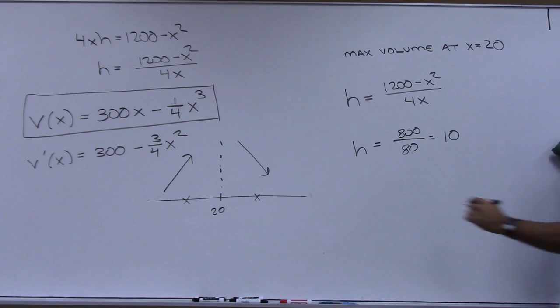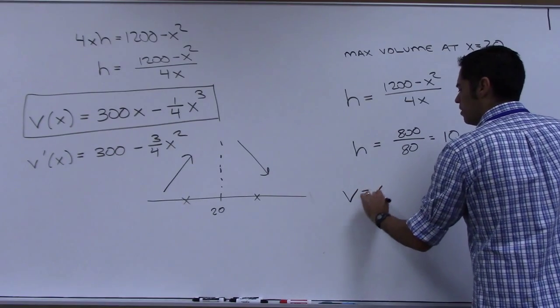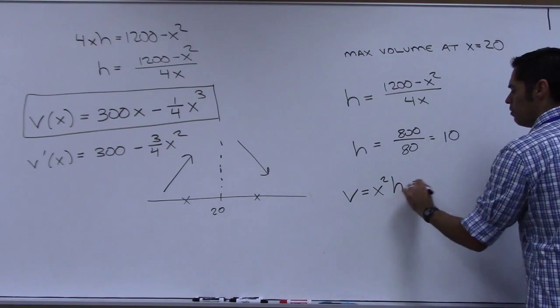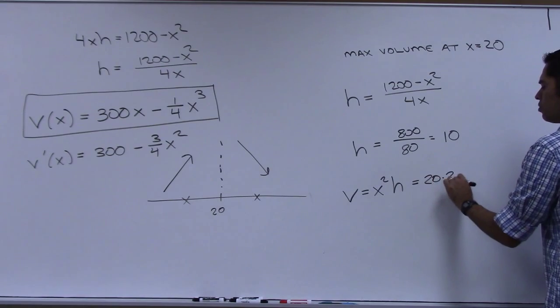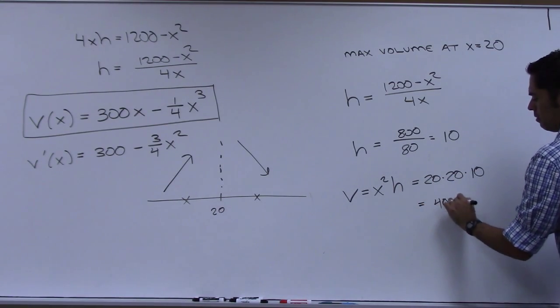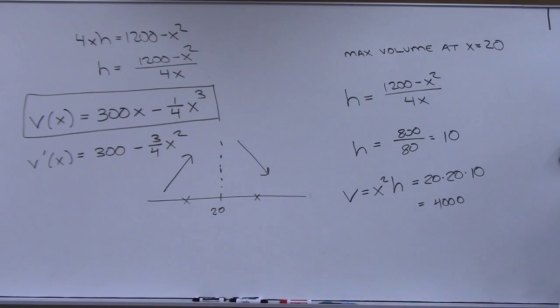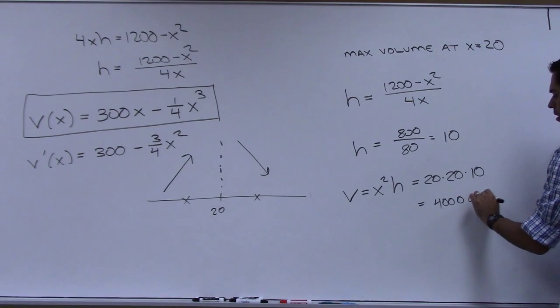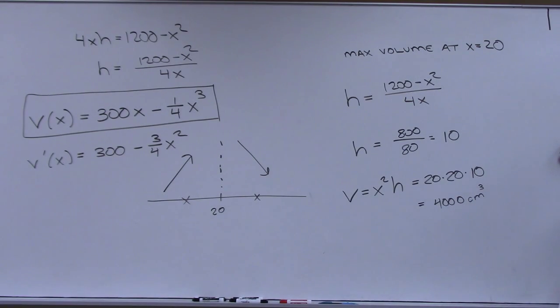The volume of the box was x squared h, which would be 20 times 20 times 10, which would be 4,000. Yeah, right? 4,000 cubic centimeters, because it's a volume.